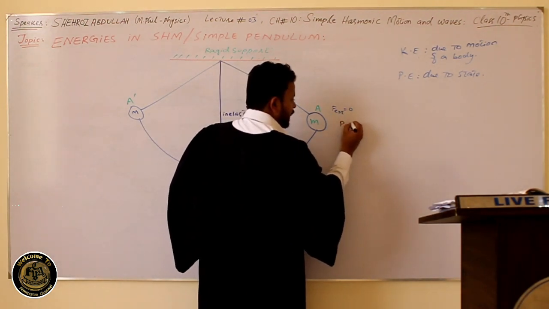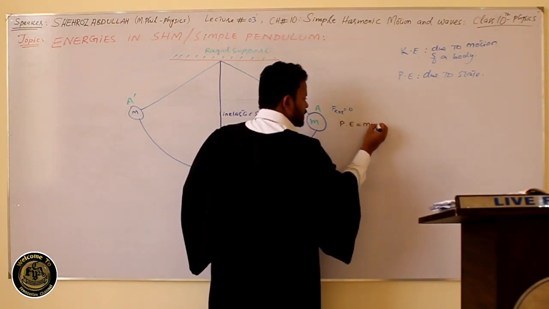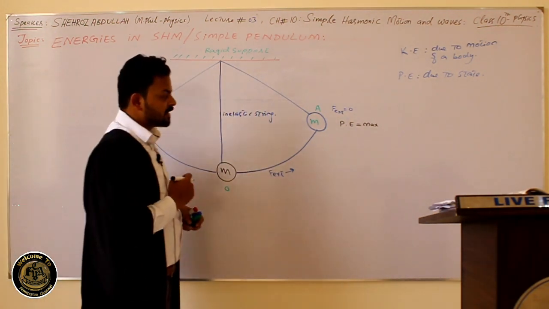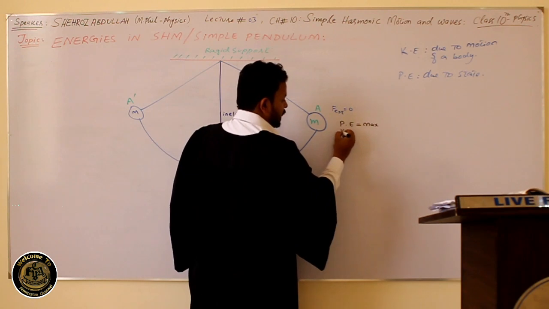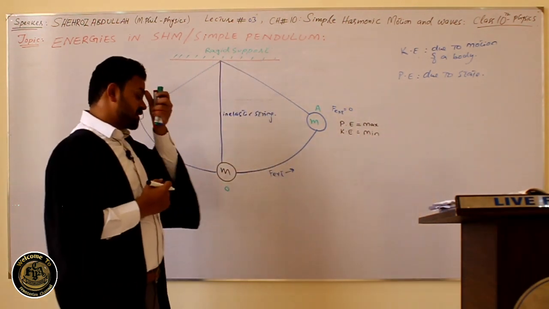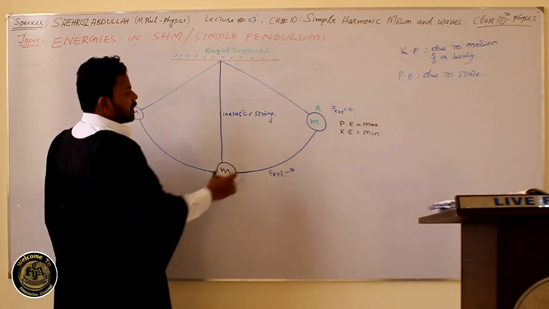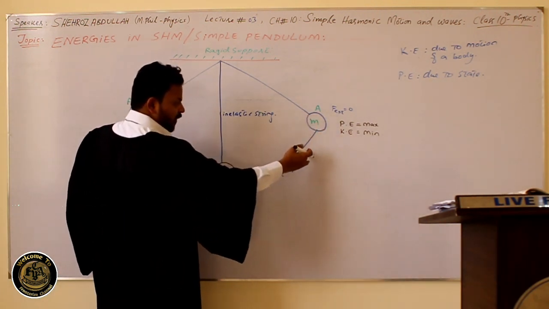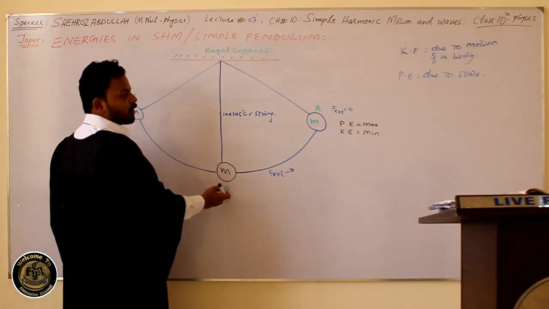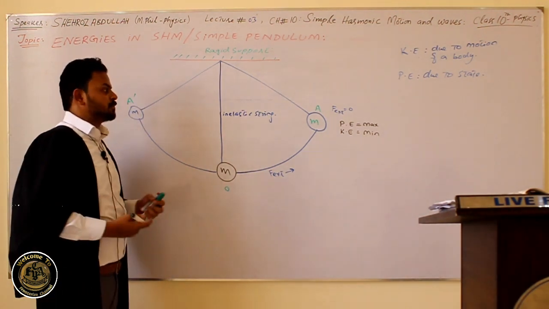Now at these extreme positions A and A dash, the potential energy will be maximum because at both the extreme positions the metallic sphere is at rest, and kinetic energy will be minimum, you can say 0. The same metallic sphere is now moving. When it reaches O, it is not stopping over here, which means motion is maximum over here.